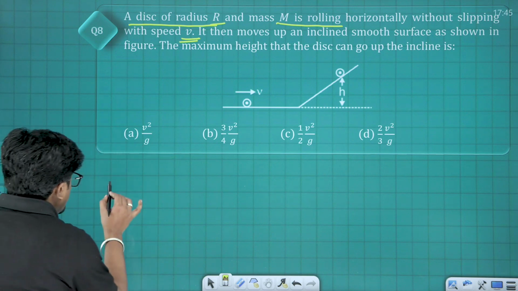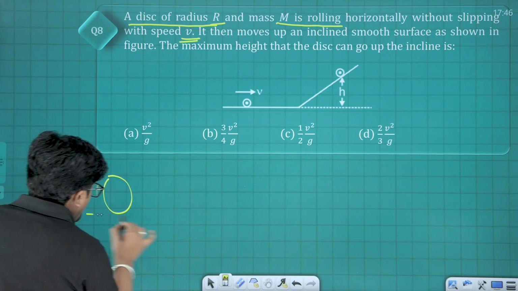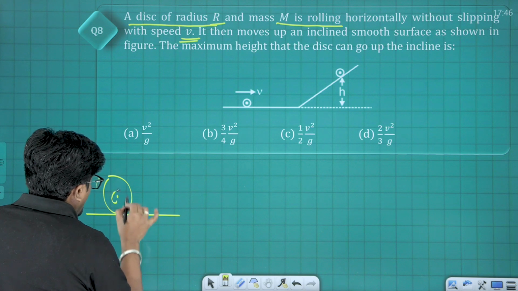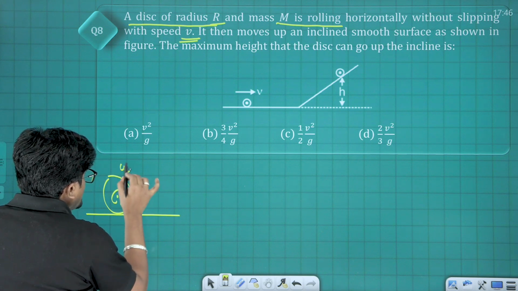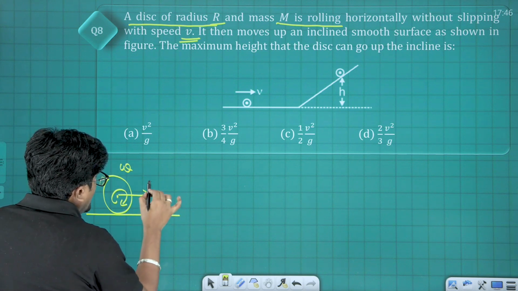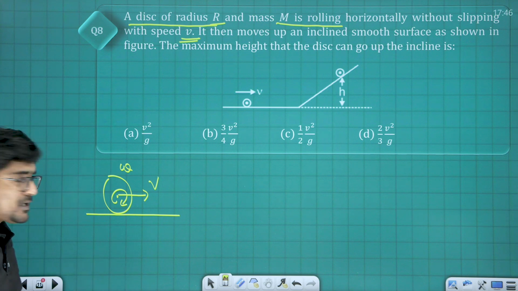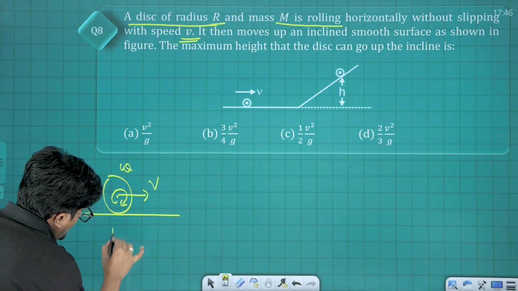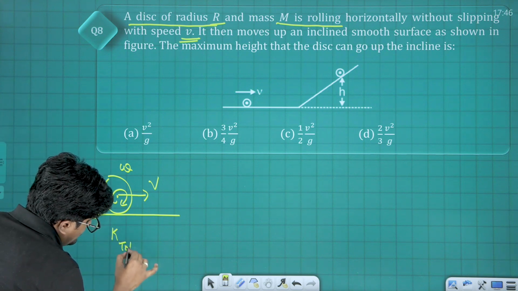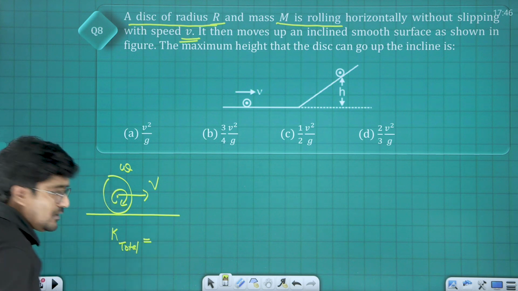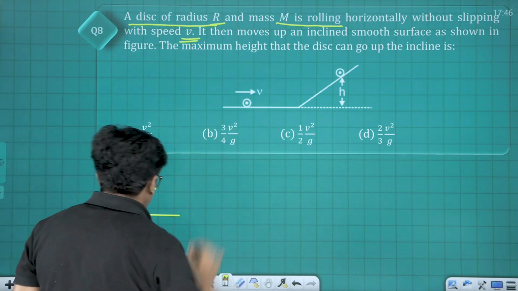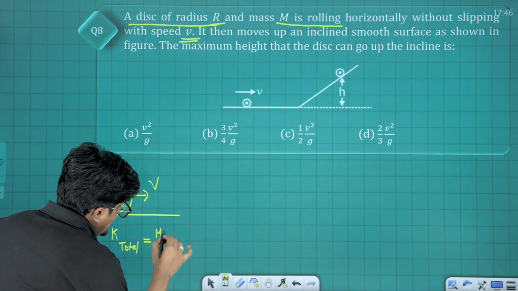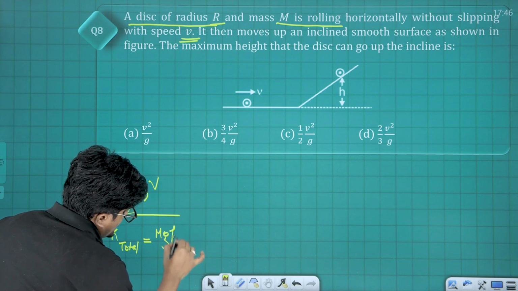So once the disk is rolling, it's going to have rotational motion and definitely it is having translational motion. Now the total kinetic energy of the body initially should be equal to the final potential energy, that is M into g into h.